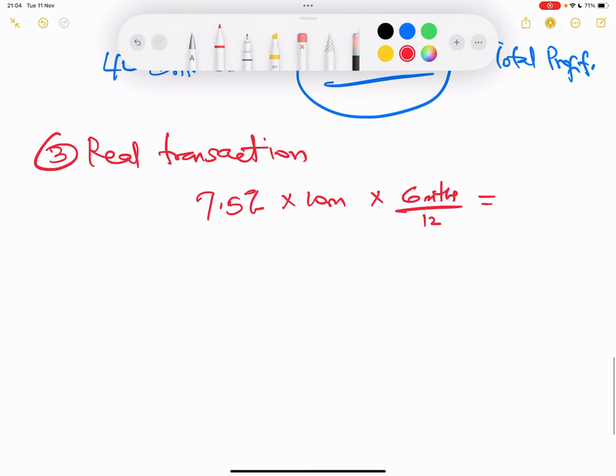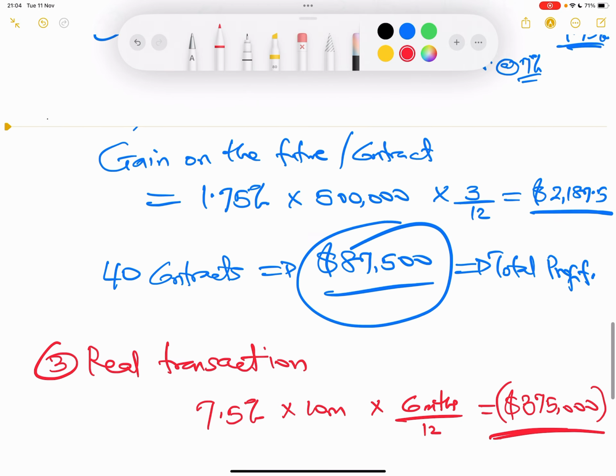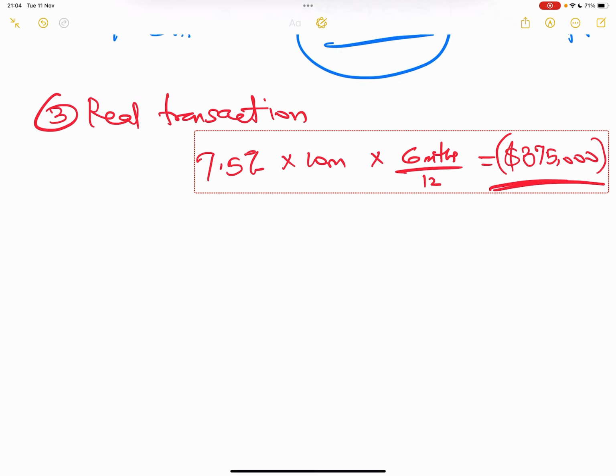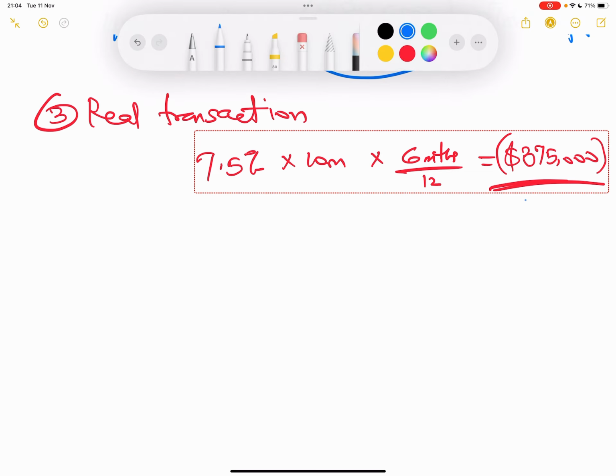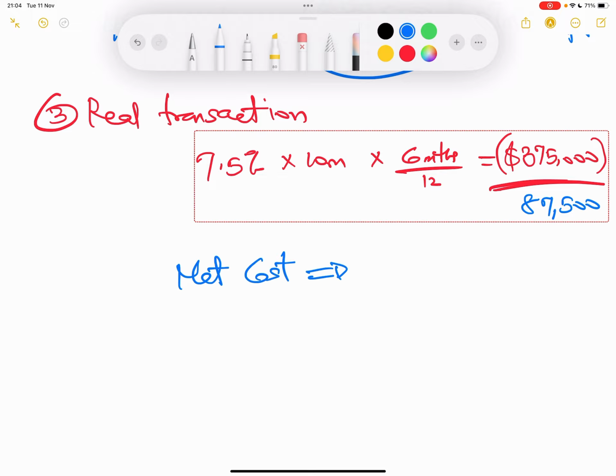Then this will be 7.5% of 5 million, which is equal to 375,000. So normally this transaction will require us to pay this, but good enough, we've done some hedging and we have some savings from here. So the net in real time will be, we need to reduce our interest by that 87,500, and eventually the net cost will be the difference between the two, which is 287,500.